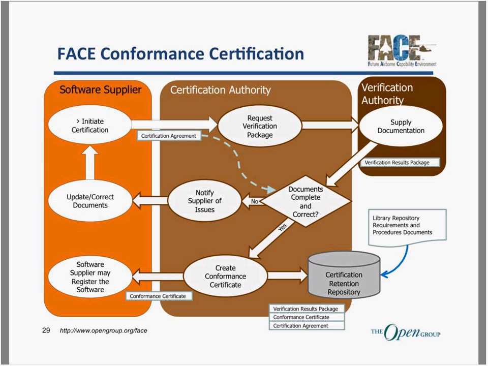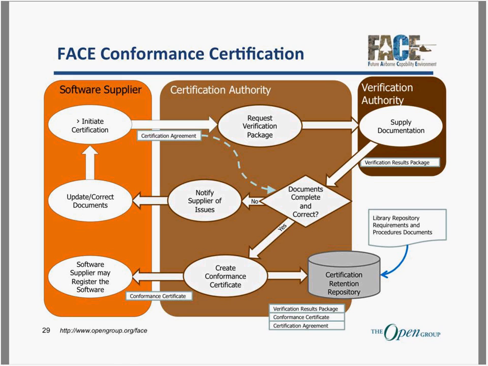What I didn't mention here is that there is an agreement between the software supplier and the certification authority that part of being certified is that the software supplier warrants that their unit of conformance not only meets conformance to the FACE technical standard, but will continue to meet it.